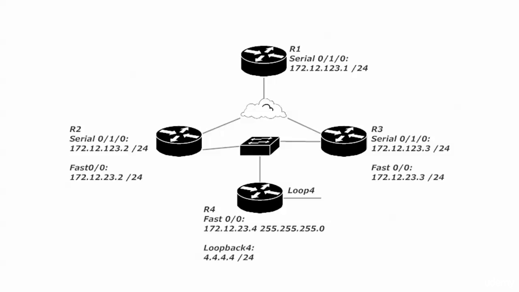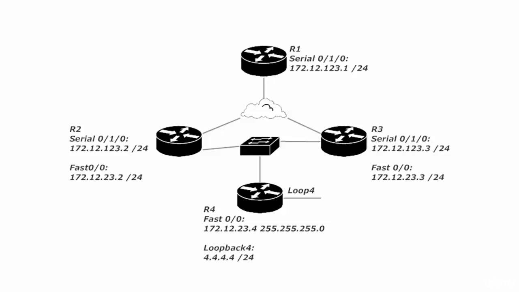I've got a cute little way to test load sharing and introduce you to the traceroute command at the same time. But first things first, what I've done here is taken our original serial network, our original frame network between routers 1, 2, and 3, 172.12.123.0/24, and I've added a 172.12.23.0/24 subnet.